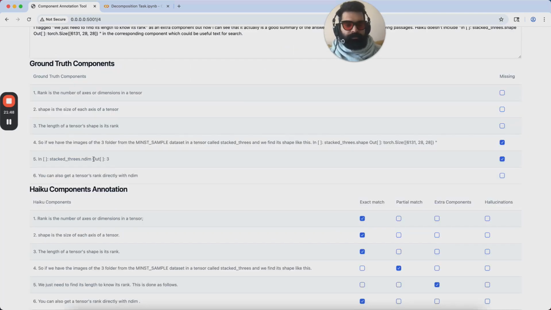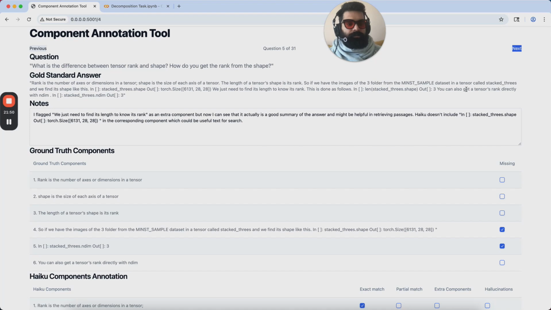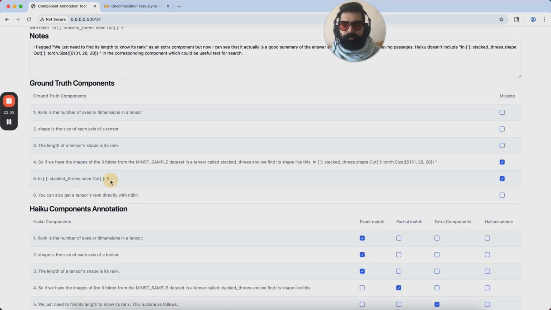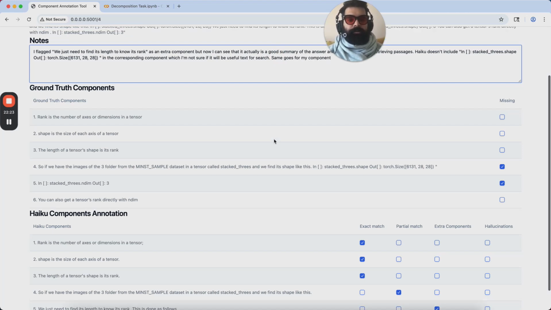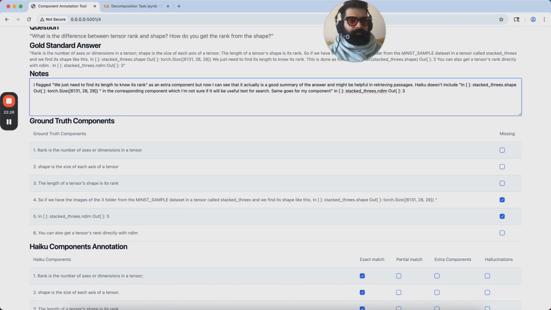And then this one here, this ndim, you can also get a tensor's rank directly with ndim, and I'm not sure if that's going to be relevant because we have this here. Same thing for here, like this explanation is here, so I'm not sure if that's necessarily helpful. So I'll say which I'm not sure if it will be useful, and I'll say same goes for my component, this one, that Haiku did not generate.